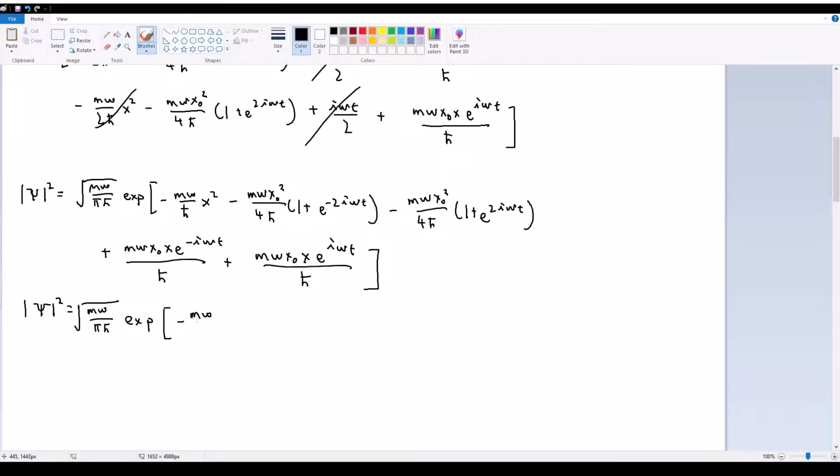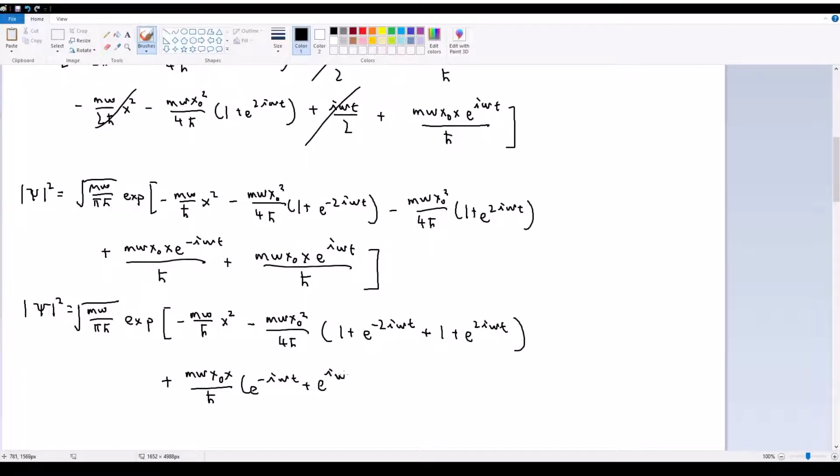So we have negative m omega over h bar times x squared minus m omega x naught squared over 4 h bar multiplied by 1 plus e to the negative 2i omega t, plus 1 plus e to the 2i omega t. Is that correct? Yes, that is. Okay. And then finally, plus m omega x naught x over h bar times e to the negative i omega t plus e to the i omega t.